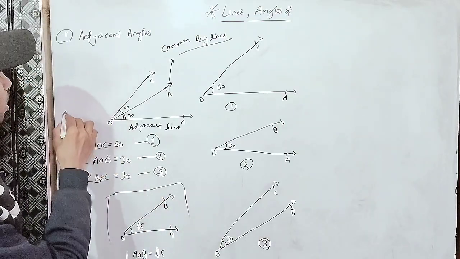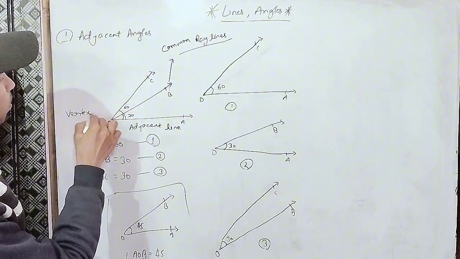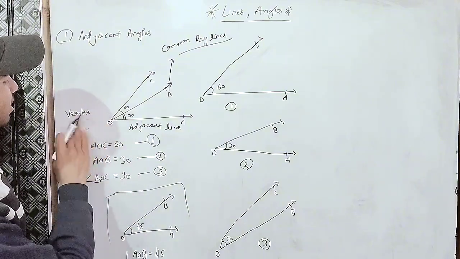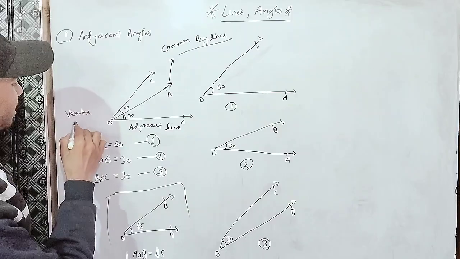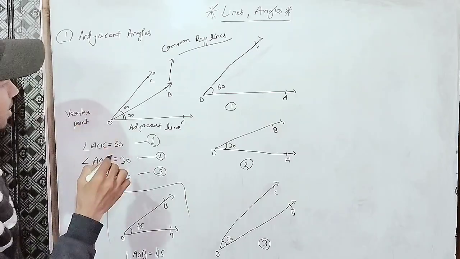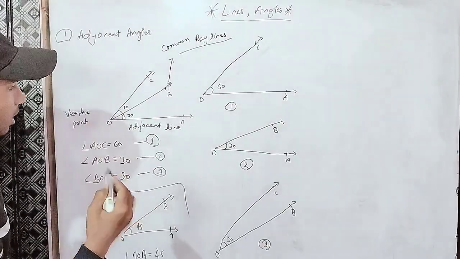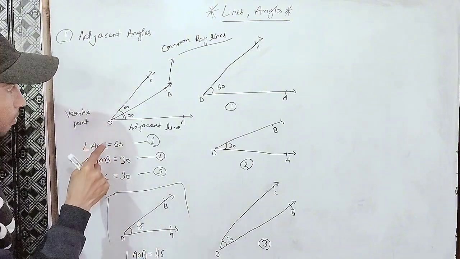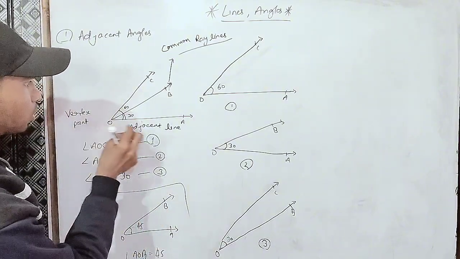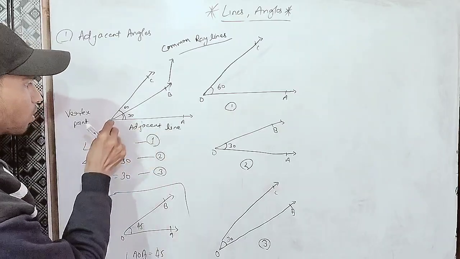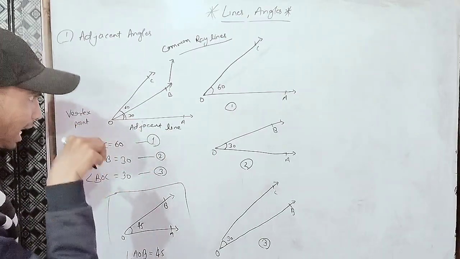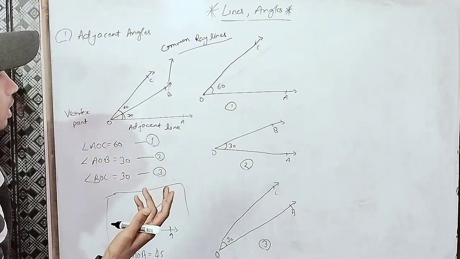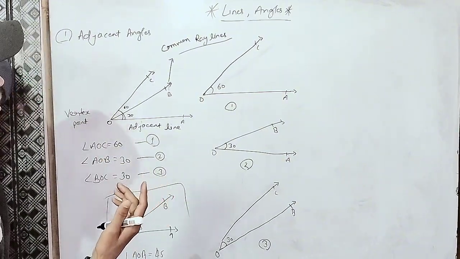And this is said to be the vertex angle, vertex point, vertex end point, you can say. Here all our points are at one place. That's why we say it is a vertex point. Clear?